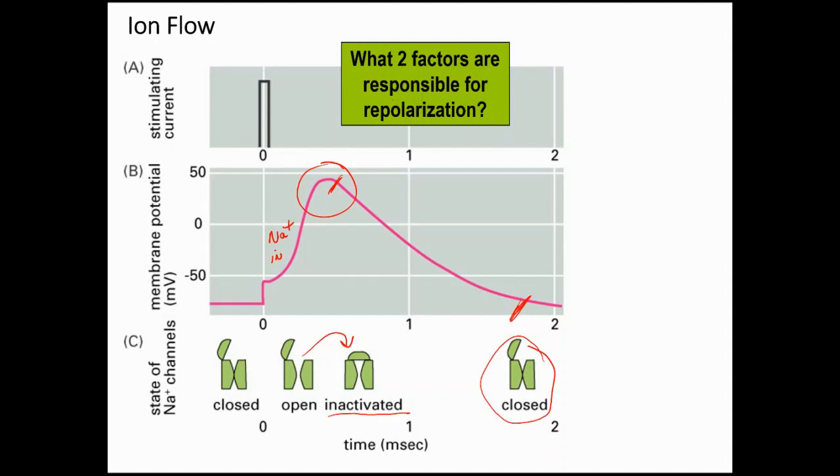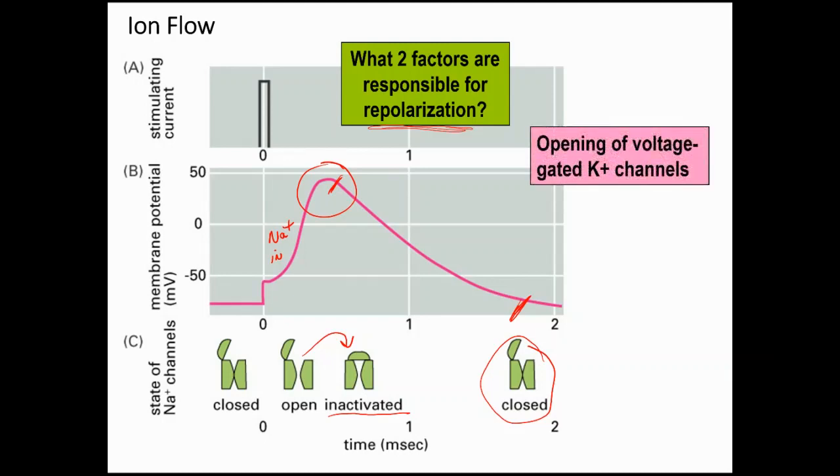So what two factors are responsible for the repolarization? How does it repolarize? The two factors responsible would be the sudden opening of the potassium gated channels. Once you suddenly depolarize, that's going to open up the potassium gated channels. And while potassium normally would not really care about leaving the cell, now if the membrane potential is positive 40, the potassium inside the cell goes, hey, what am I doing in here?